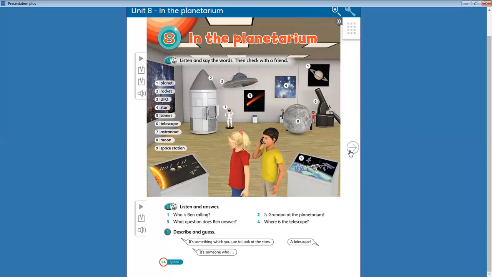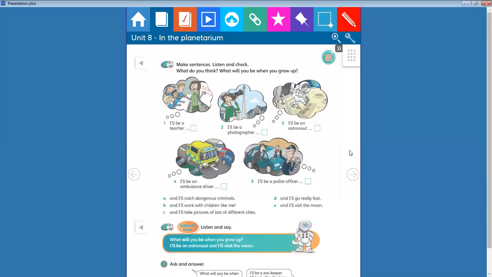Let's move to the next page. Here we have 5 pictures and sentences. We have to complete the sentences, then listen and check. So how can we complete these sentences?